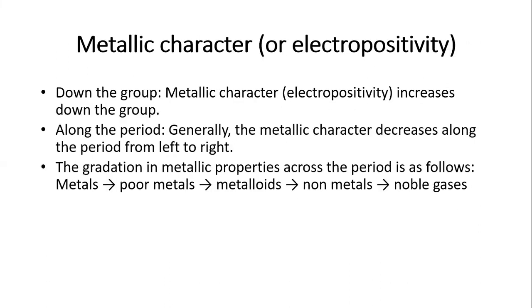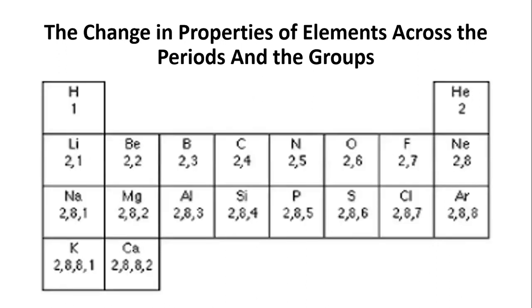While along the period, generally the metallic character, that is electropositivity, decreases along the period from left to right. So when you are moving from left to right, taking an example, from lithium to neon, the electropositivity will decrease.